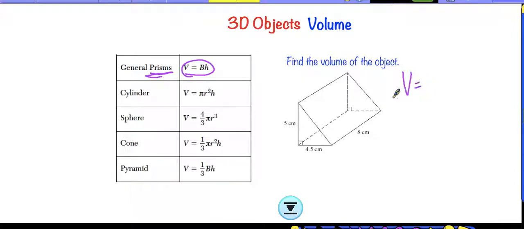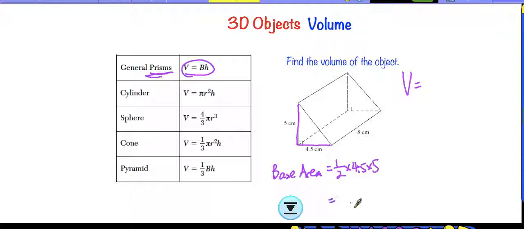So let's check. The base area is going to be this triangle, and this time we are going to deal with a special triangle, a right triangle. So the base area is going to be, again, half base times height. So you can see this is a base side and times the height of the triangle. Do not forget that. So it's 4.5 times 5.